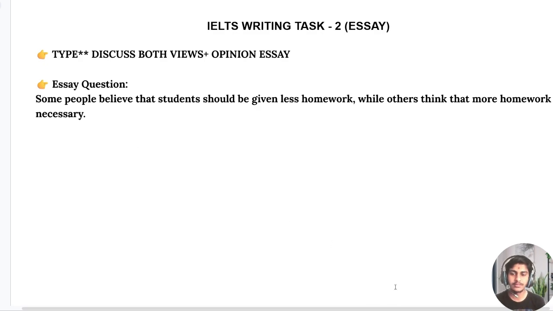Students, today's class is extremely important because we are going to discuss a very common IELTS Writing Task 2 question, and that is homework. So many students lose marks in Writing Task 2 because they don't understand the question, they don't explain ideas properly, and they don't structure paragraphs correctly.